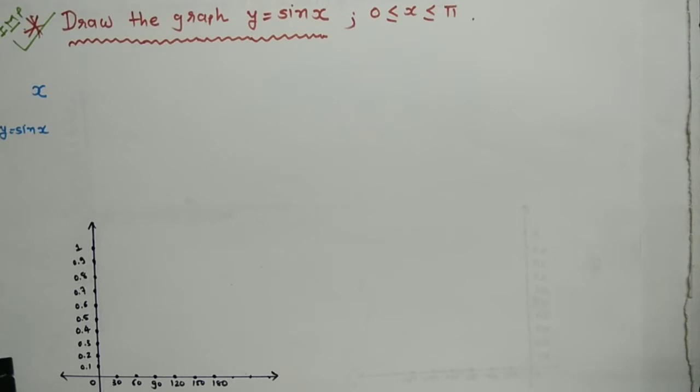In this video, you can learn how to draw the graph of different trigonometric functions which are very important for GTU's exam. So please watch this video up to end.